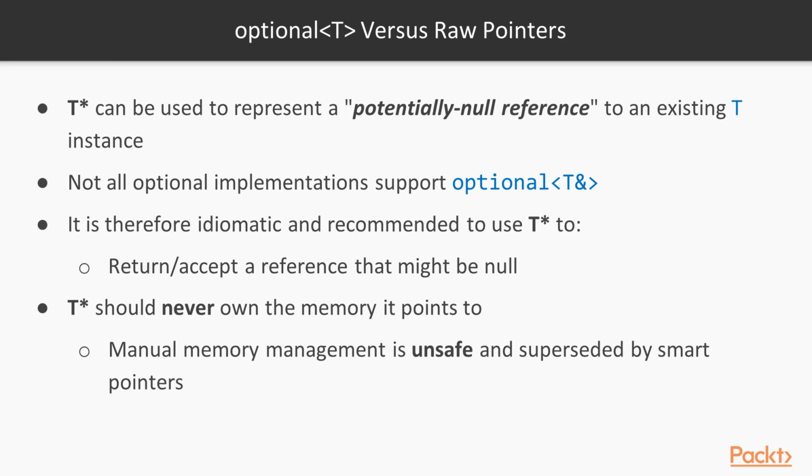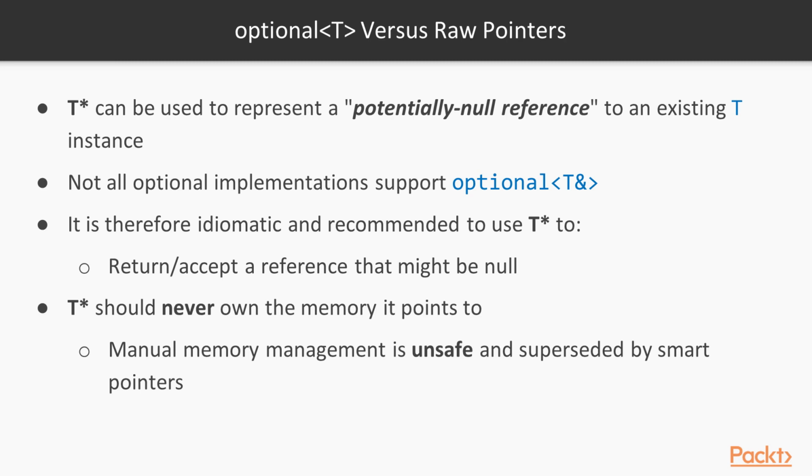And especially the standard library implementation of optional that's introduced in C++17 does not support references. It is therefore idiomatic and recommended to use a raw pointer to T to return or accept a reference that might be null. So as long as T never owns the memory it points to, feel free to use it to represent something that points to an object which might exist or not exist.